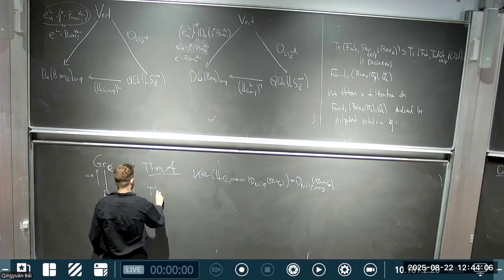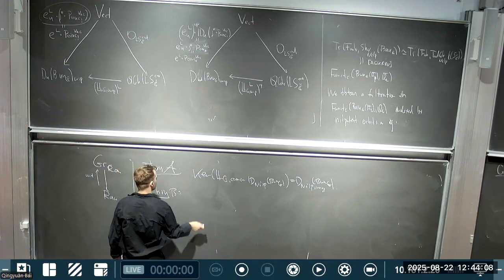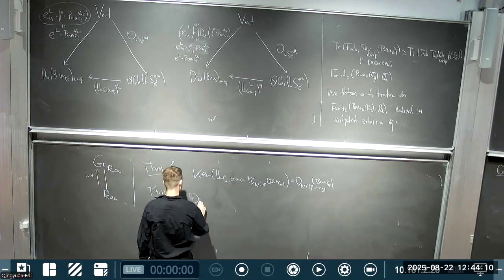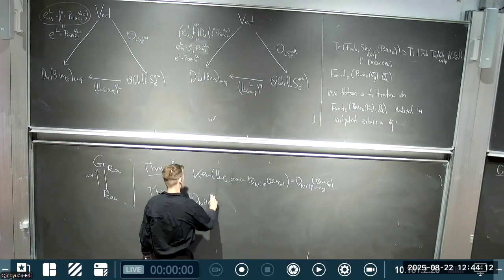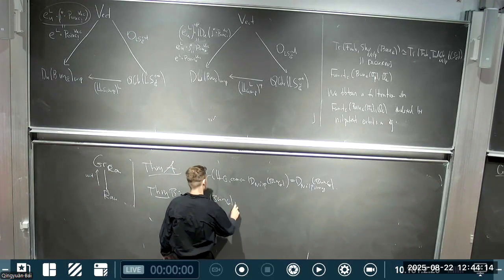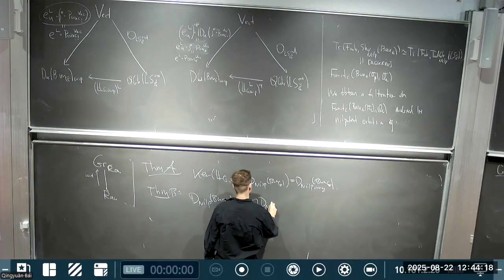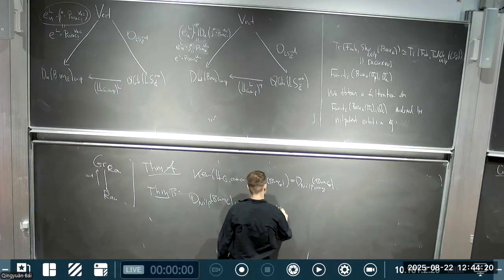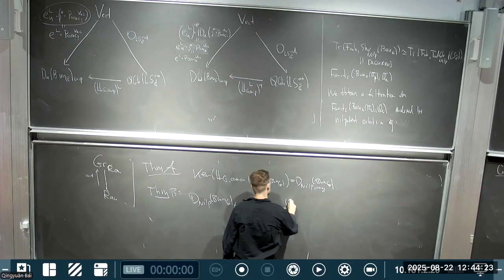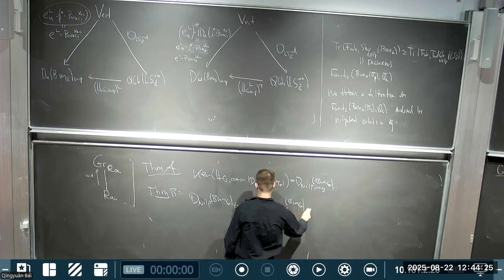And theorem B was that there are no tempered nilpotent D-modules that have nilpotent irregular singular support. That was theorem B, which we haven't really addressed.